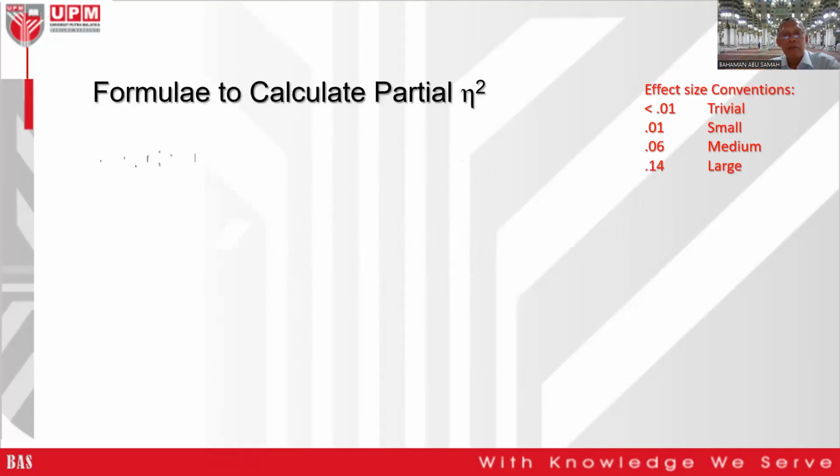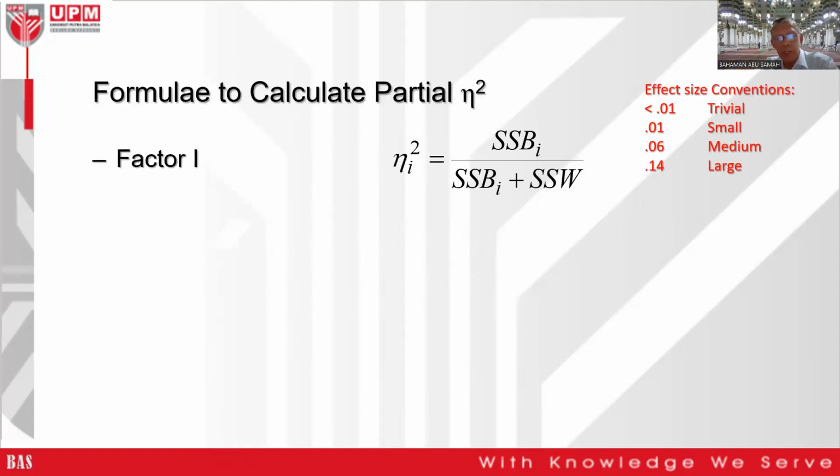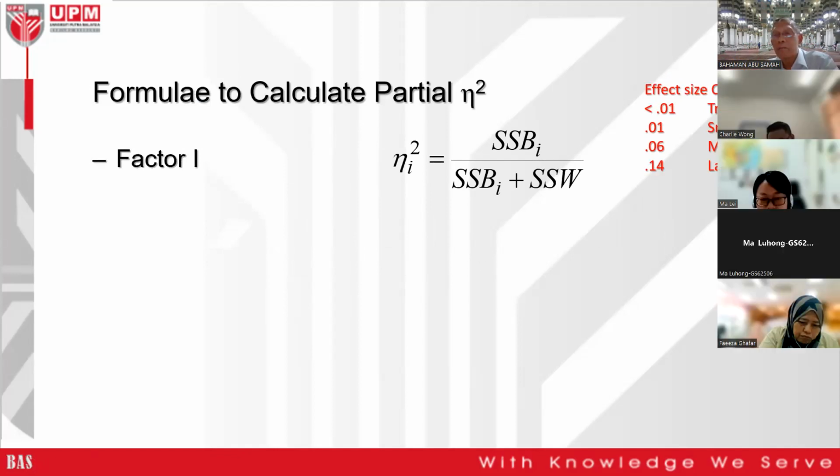Okay, the formula to calculate partial eta squared. If you were to observe on the screen, what is the difference in the formula for eta squared as compared to partial eta squared?